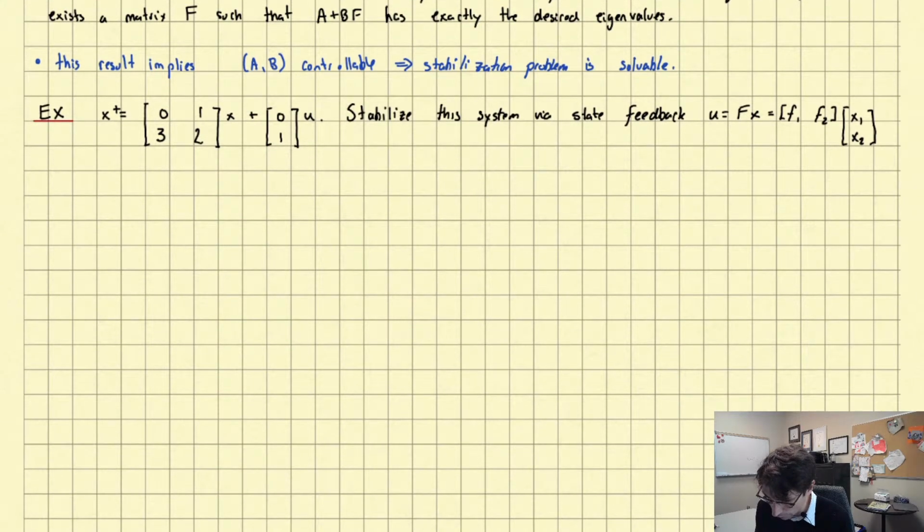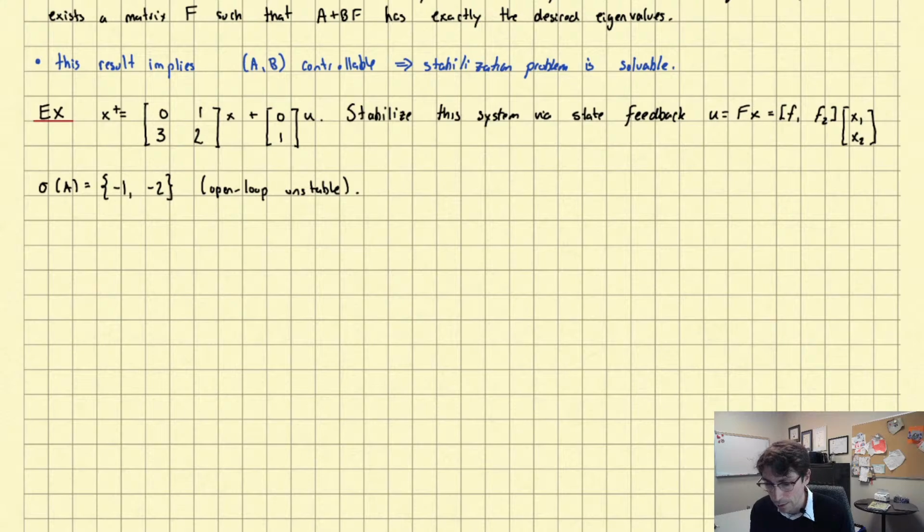So in this case, you can check that the eigenvalues of A are equal to -1, -2. So open loop unstable. Okay, so we're actually going to have to design an F.